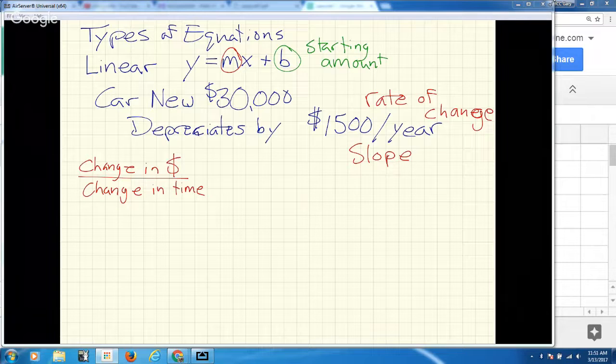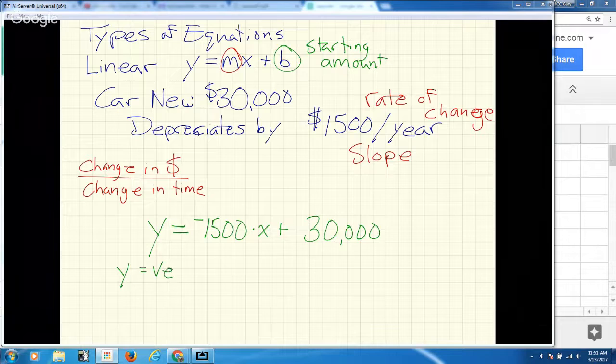So for this one right here, if I wrote it in terms of y, my slope is a negative 1,500 times x plus the starting amount, 30,000. It's always a good idea to state what each variable means. So in this case, y is the value of the car, and x would be time in years. That's an example of a linear equation. We've seen things like that before.